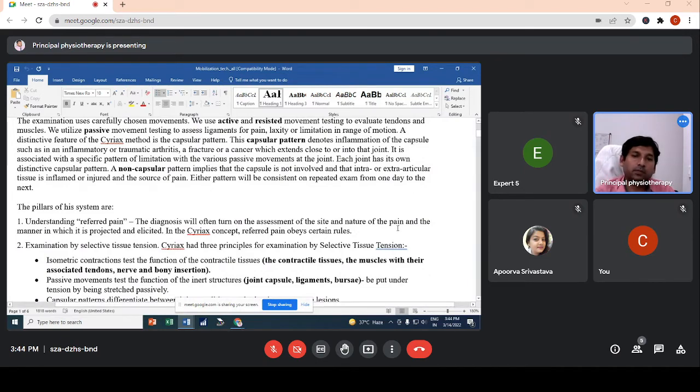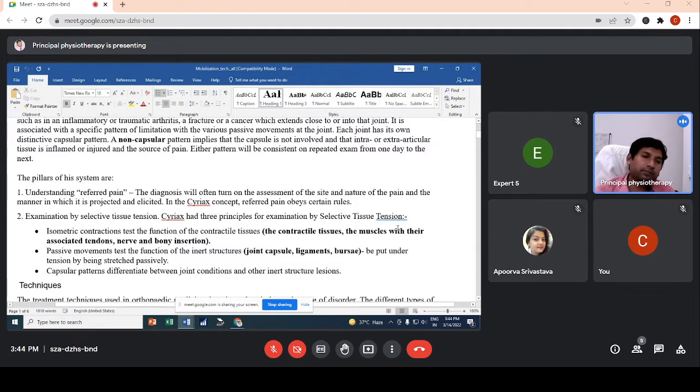The first was the isometric contraction test for testing the function of contractile tissue. According to his thought, if contractile tissue has some injury, that can be tested with the help of isometric contraction. Suppose one person is suffering with bicipital tendinitis.